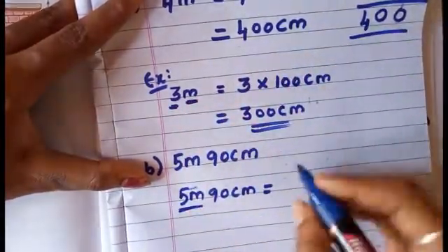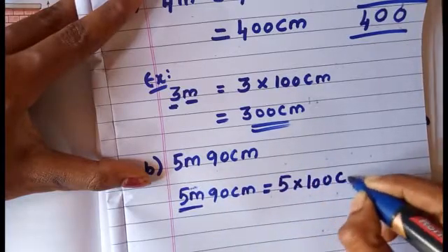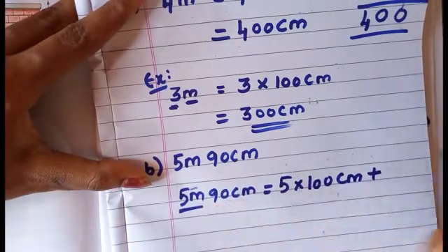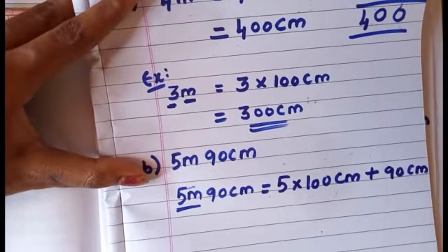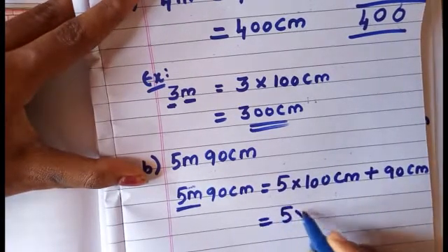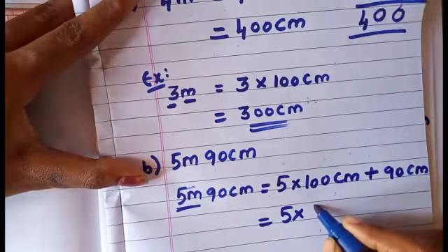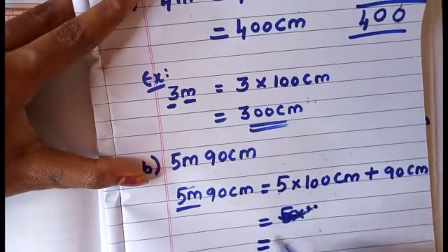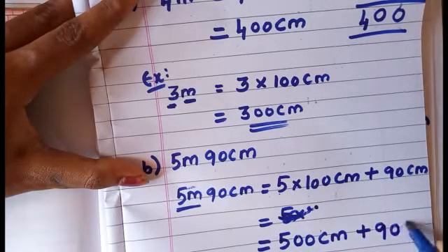write. This 5 meter. So 5 meter means 5 into 100 centimeter plus this 90 centimeter. So 90 centimeter. Okay. The next one, 5 into 100 centimeters equal to 500 centimeter plus 90 centimeter.